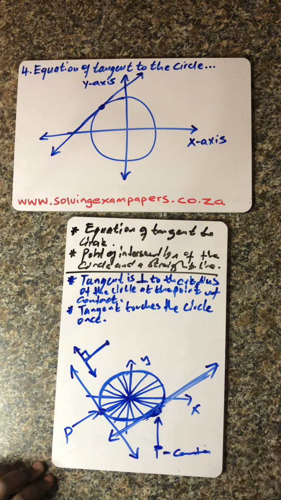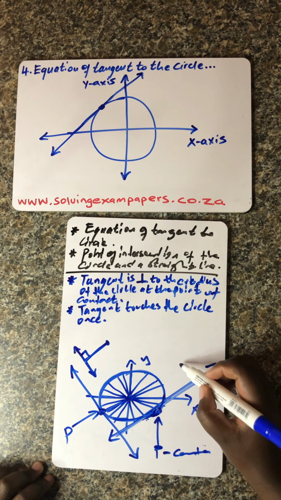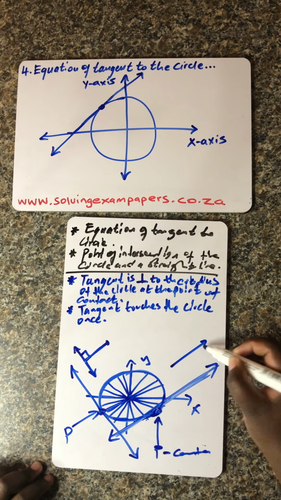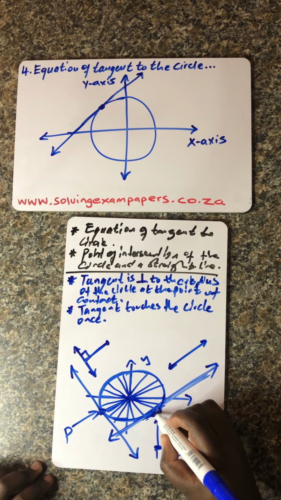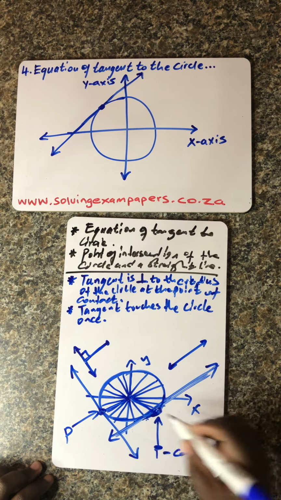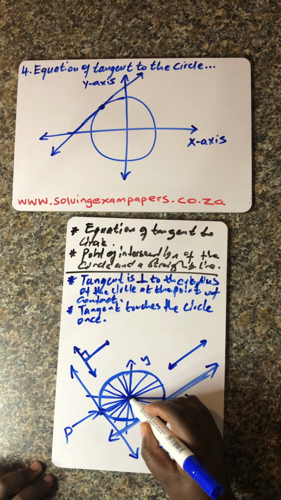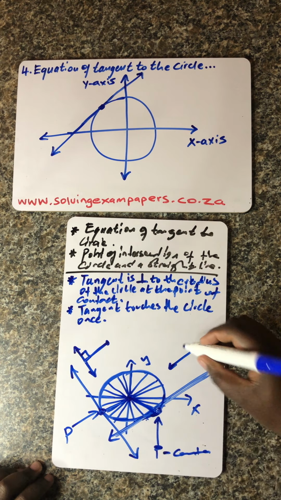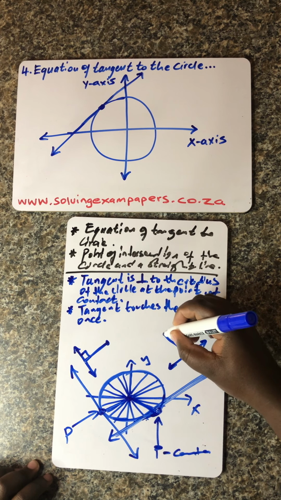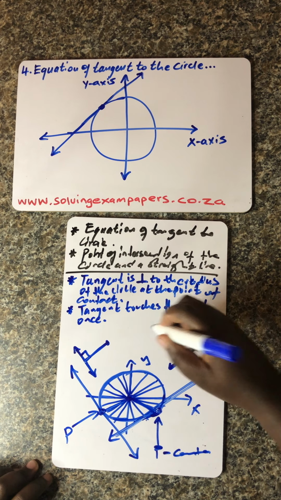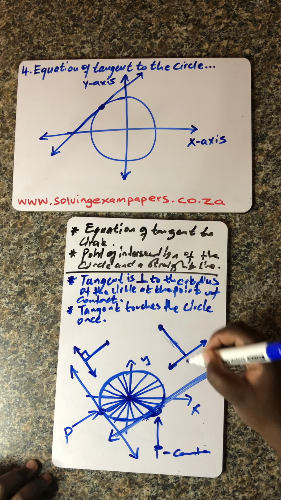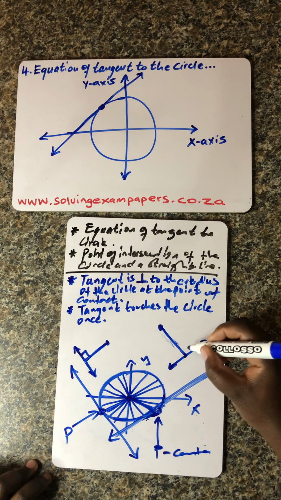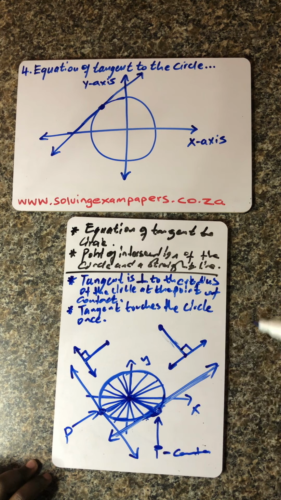What about that one? This is our straight line. We've got a radius radiating from the center to the point of intersection, which is a straight line from the center to the point of intersection, so it forms a right angle.